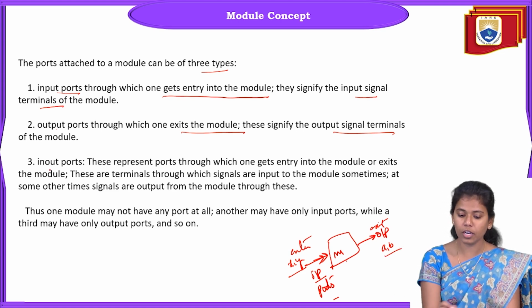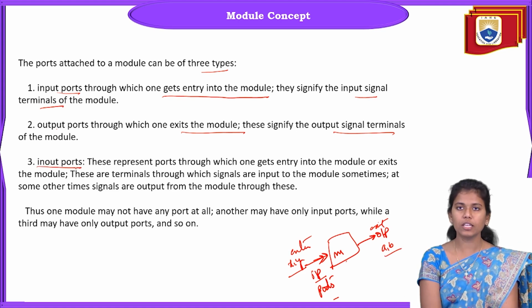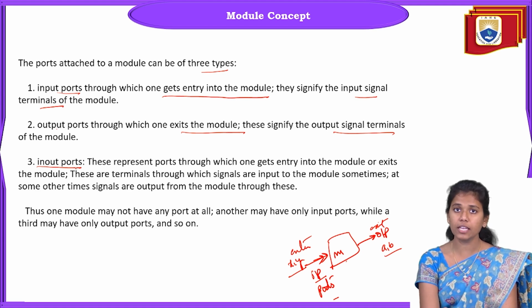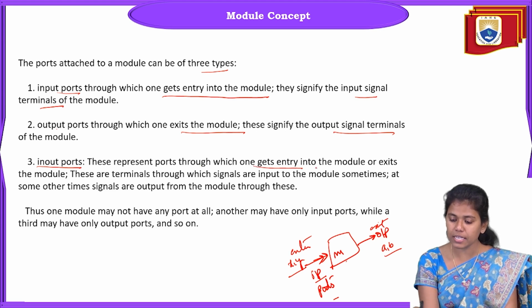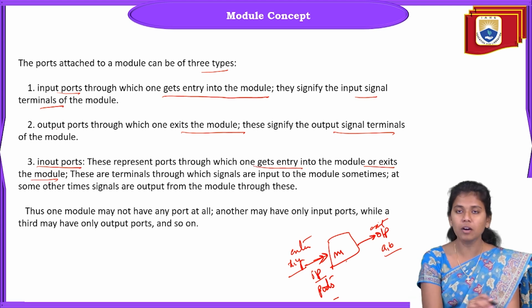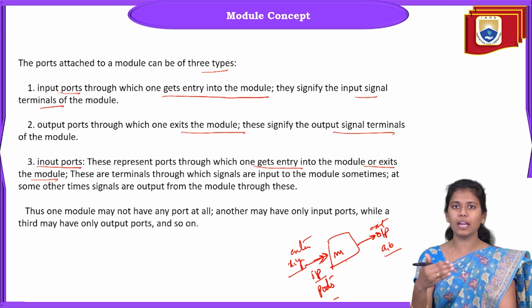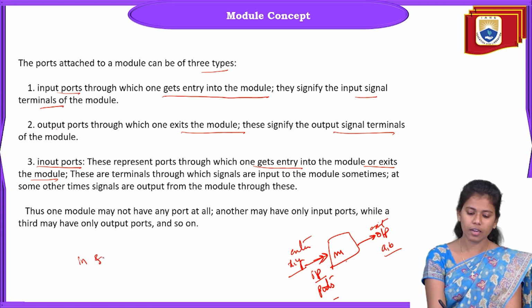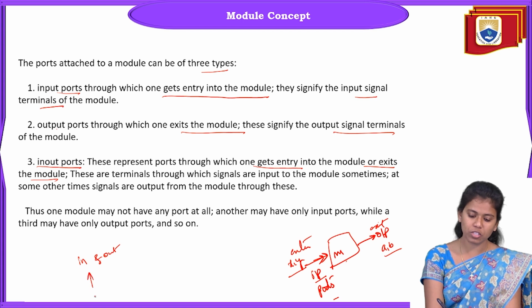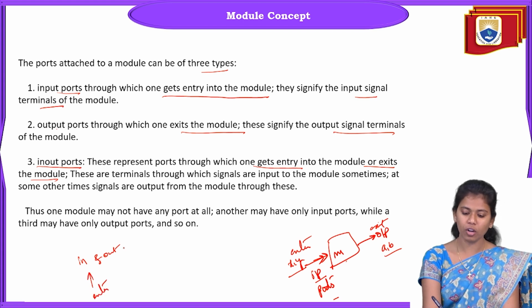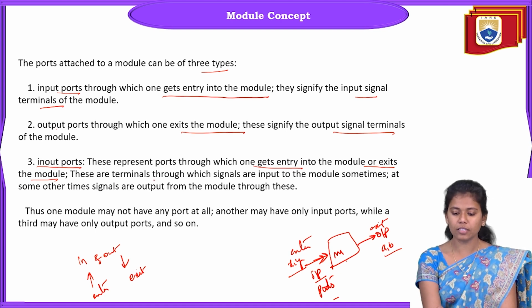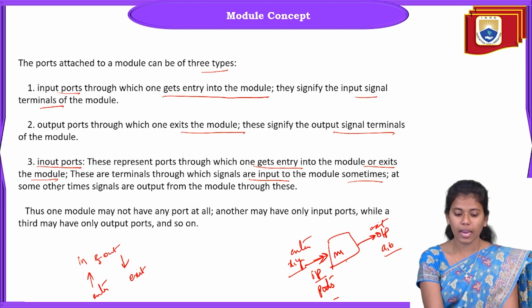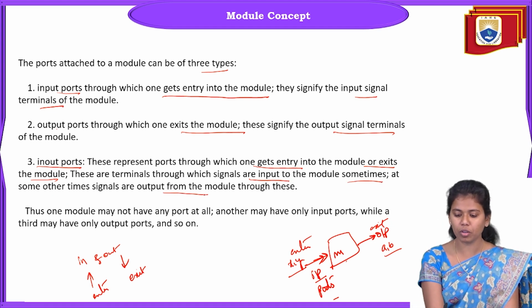So the third one is in-out ports. What are in-out ports? These represent ports through which one gets entry into the module or exits the module. So these are in and out. These are terminals through which signals are sometimes input to the module, and at other times signals are output from the module.